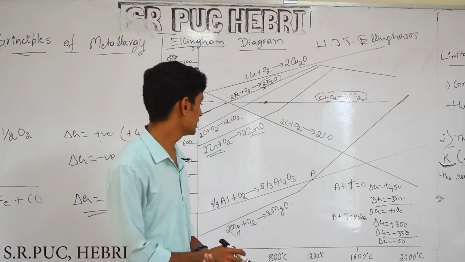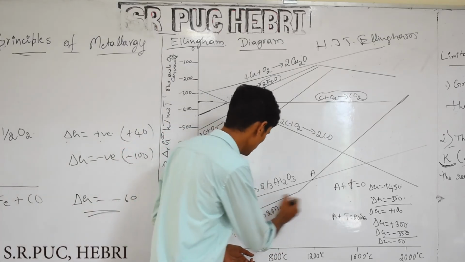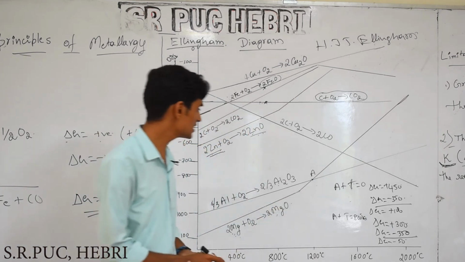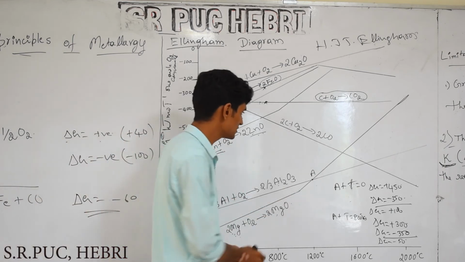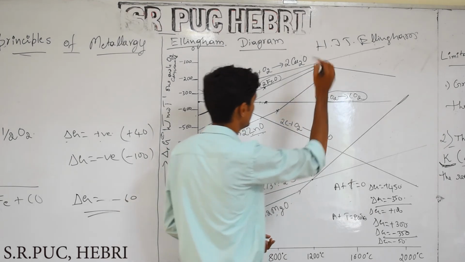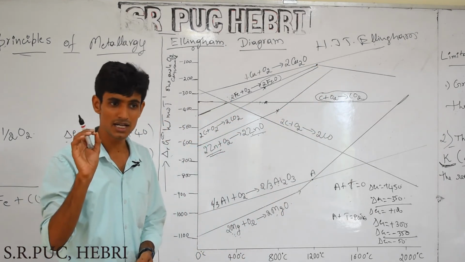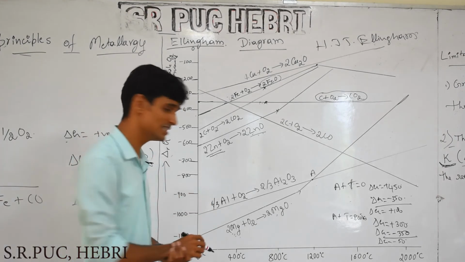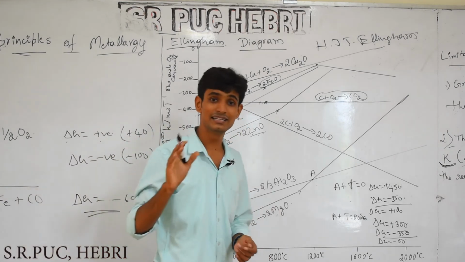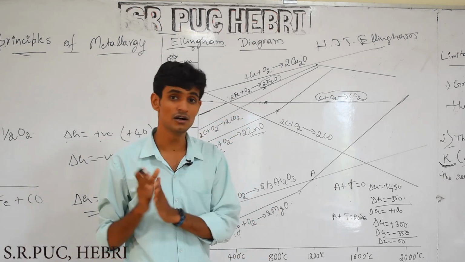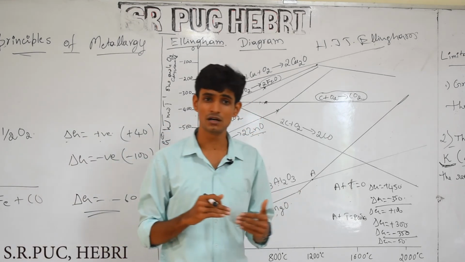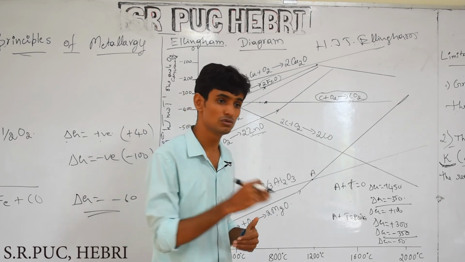In this Ellingham diagram, you can observe that all the lines are straight, but at some points there is a sharp change, that is, the lines change at this point or this point, like here. This sharp change in the value of delta G, or the change in Gibbs energy, is an indication of change in phase, that is, a change of physical state, like solid to liquid or liquid to gaseous.